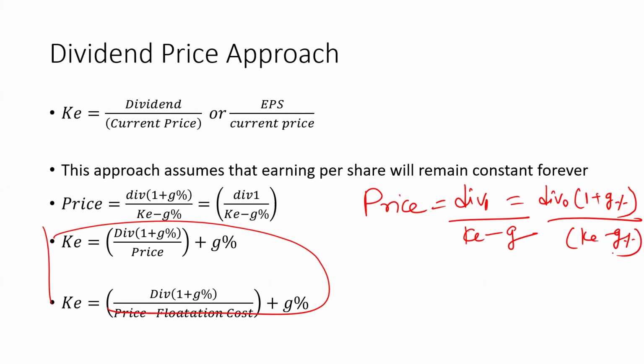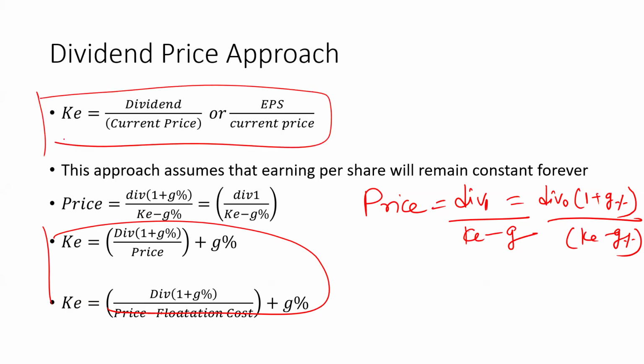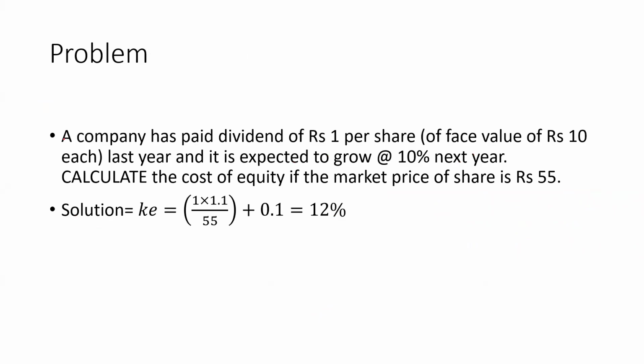Clear, everyone? This is the formula you can use if you believe that your dividend or earning per share remains constant forever. I hope you have all understood so far.